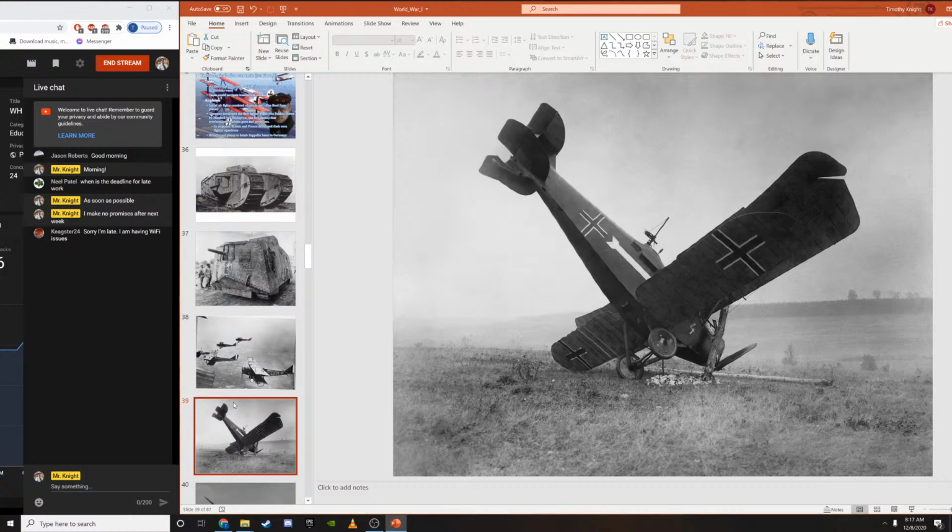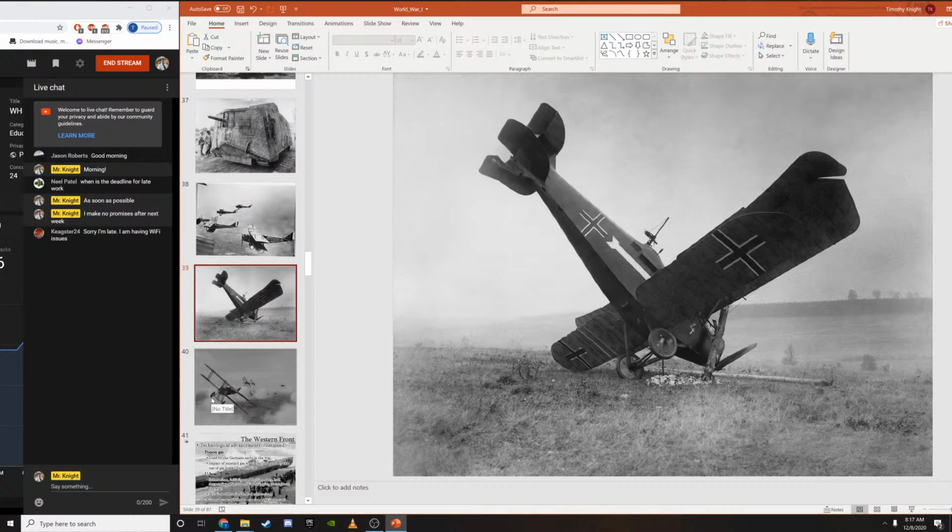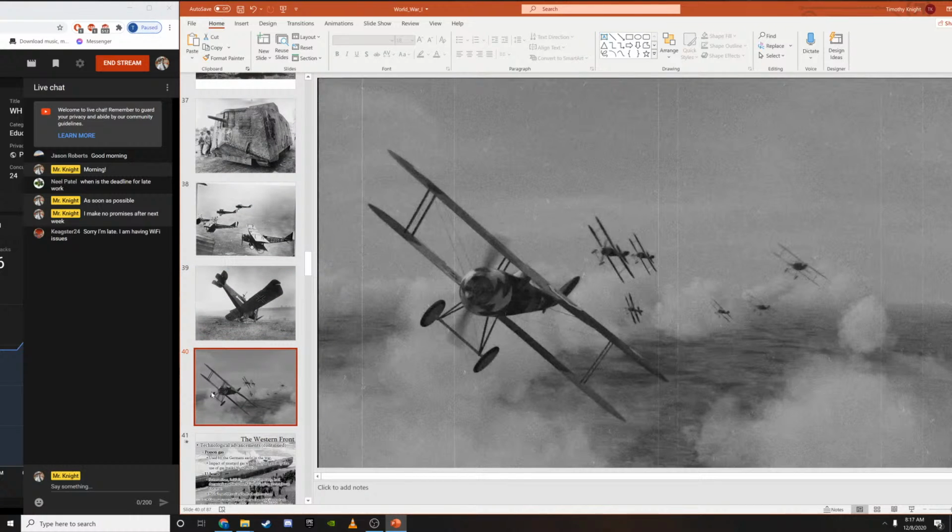And here you can see a German plane that has crashed into the French countryside. This is an actual image, a still from a film that was taken actually.